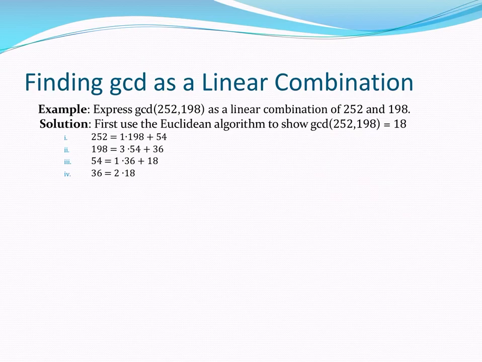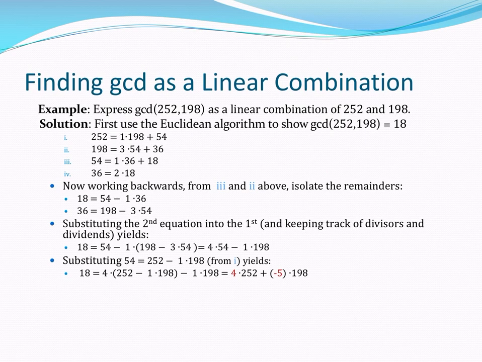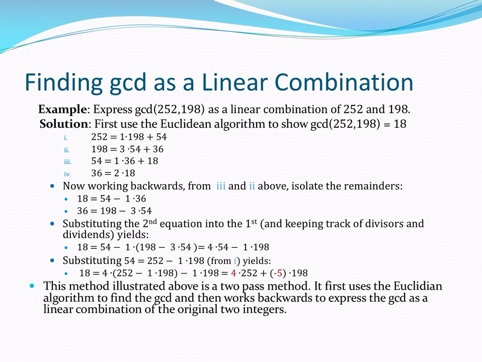I have this built out on this slide here, which you can see in your notes, but I wanted you to see it done by hand so that you could see this two-pass method. There's a single-pass method, which I don't teach. I do ask that you know the two-pass method for exams.